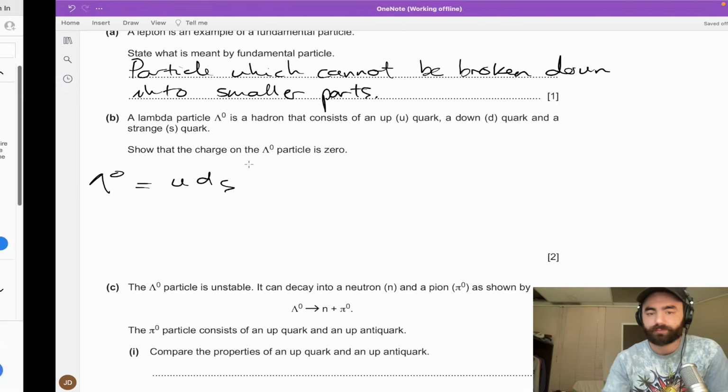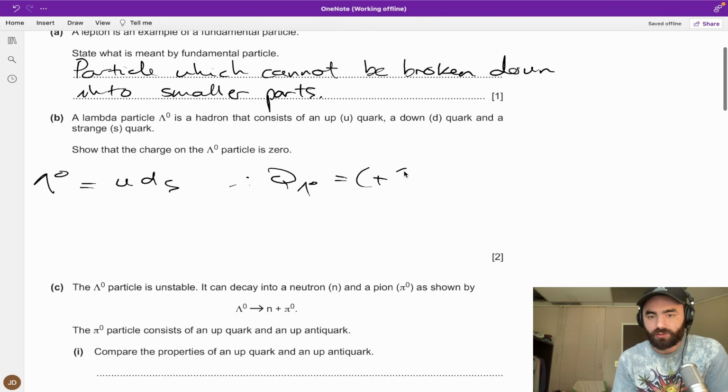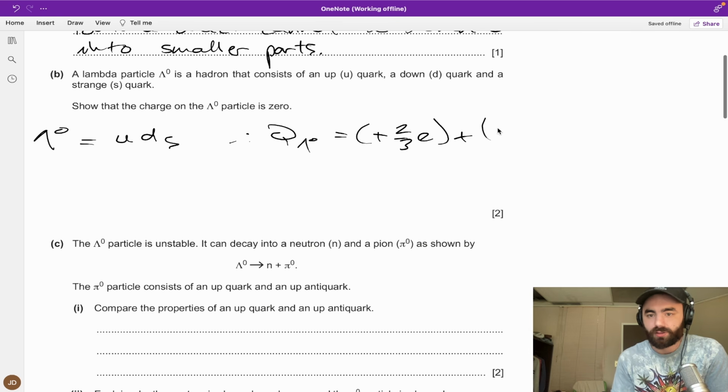So the total charge for this thing would be up quark, which is +2/3e coulombs, plus a down quark, which is -1/3e coulombs, plus a strange quark, which is -1/3e coulombs, and that will equal 0. So the charge is 0.